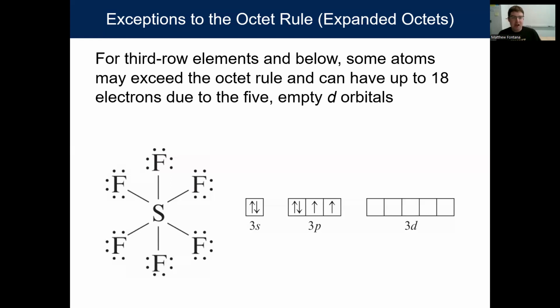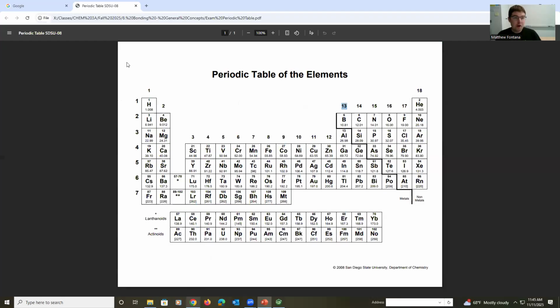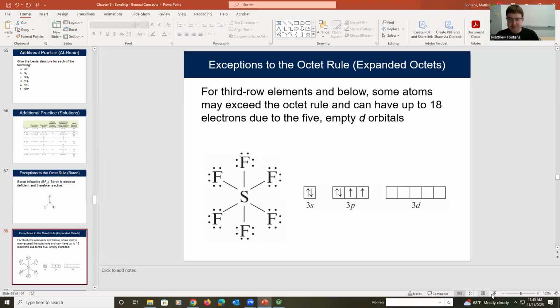But because sulfur is in the third row or below, we can have expanded octets. And so what this means for you is you can go up to 18 electrons once you start with the third row of the periodic table. So we'll spend a moment explaining this.